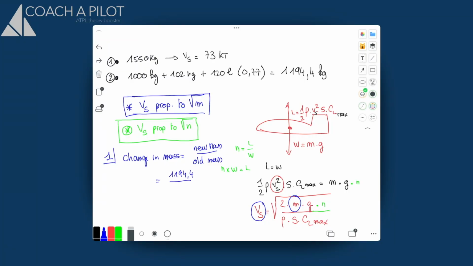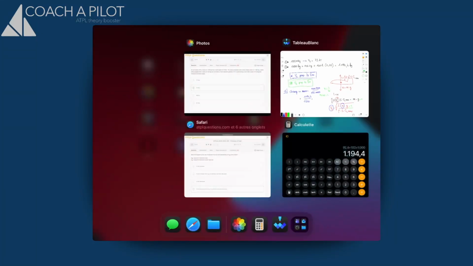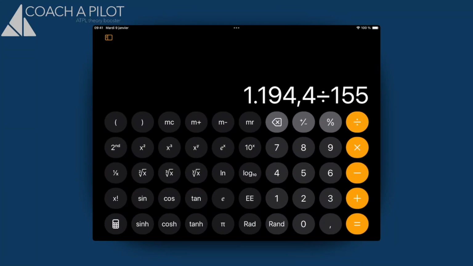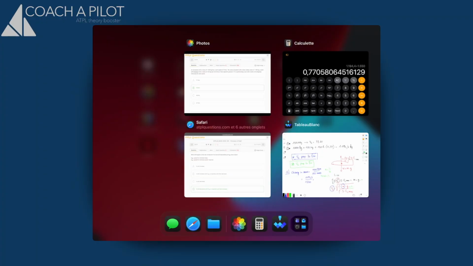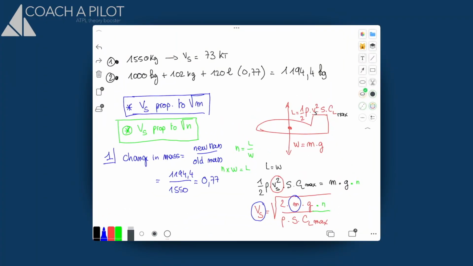The change in mass is new mass divided by old mass, 1194 divided by 1550, which is actually 0.77.